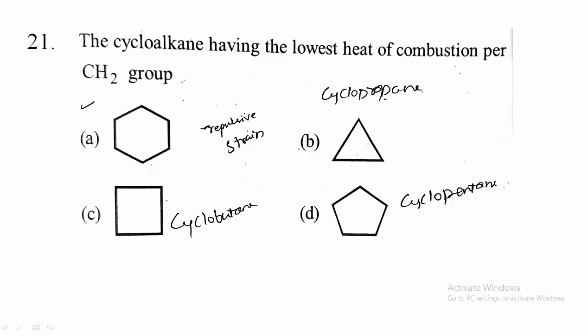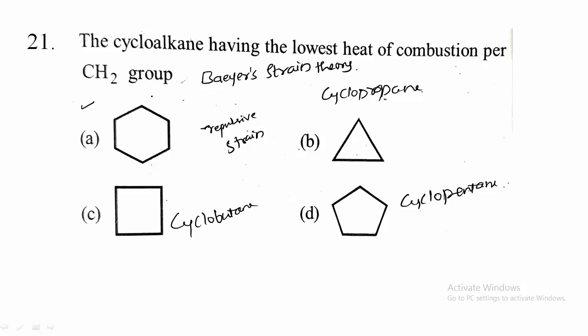Both are directly proportional to each other, so if the strain is less, the heat of combustion is also less. Now how do we find the strain present in a compound? There we use a theory called Bayer's strain theory.